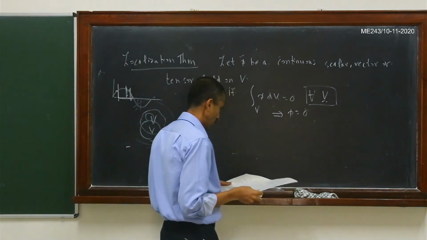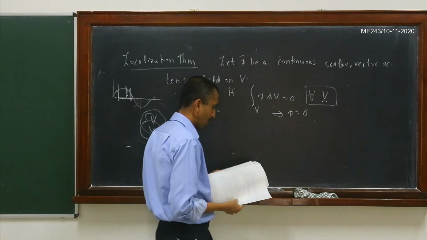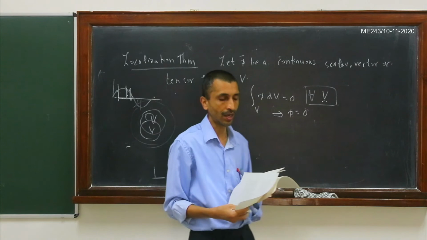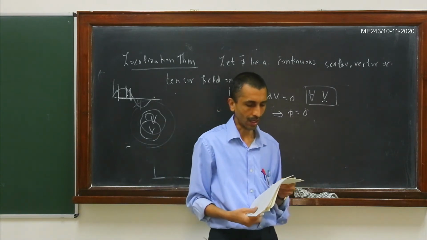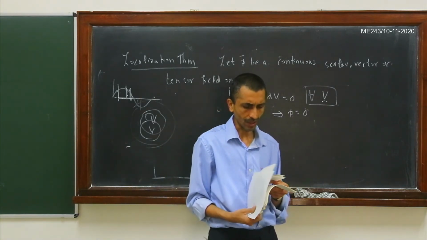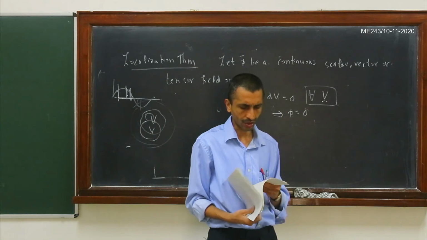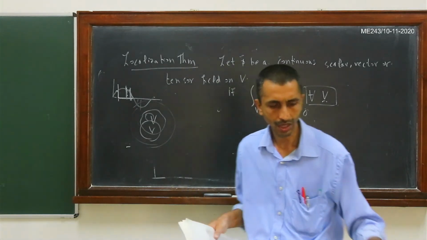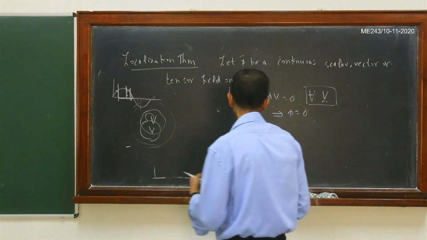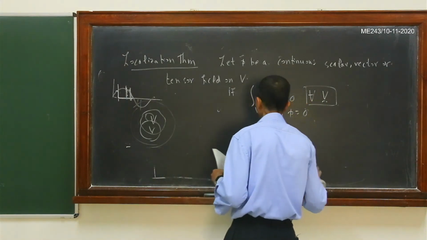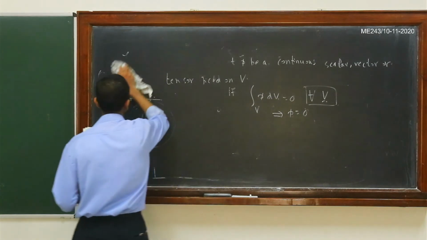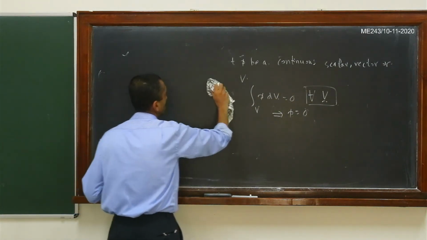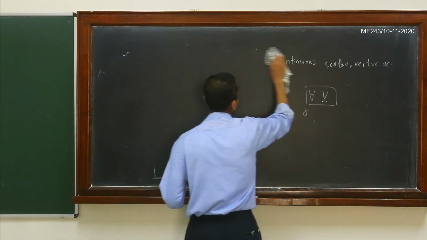Anyway, that sort of completes the first chapter on tensor analysis. We will now start with kinematics. This tensor part is something that we will use in all the subsequent chapters, but right now we will start our study of continuum mechanics with kinematics.